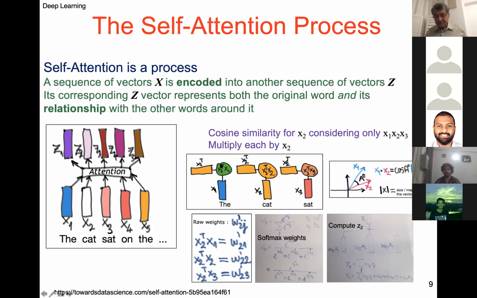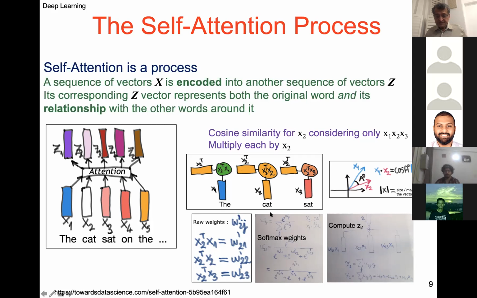So we refer to them as raw weights. What is happening is we are getting a sense for how closely aligned x2 is to this one and that one. And we have got some raw weights here.